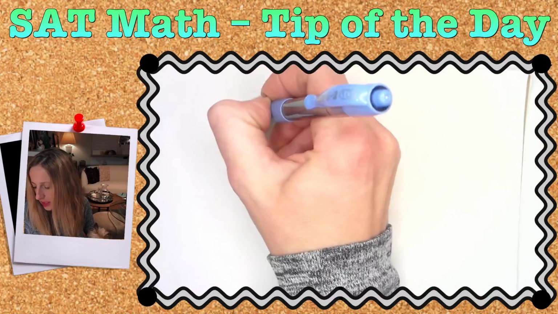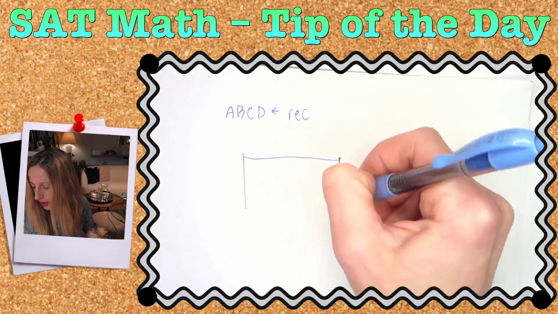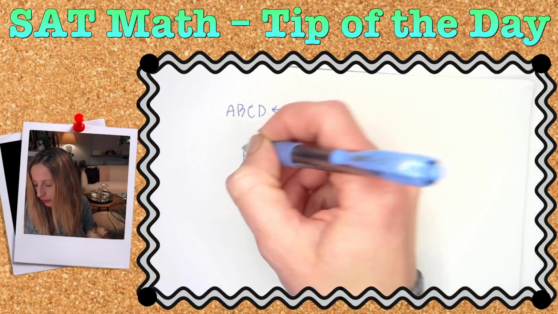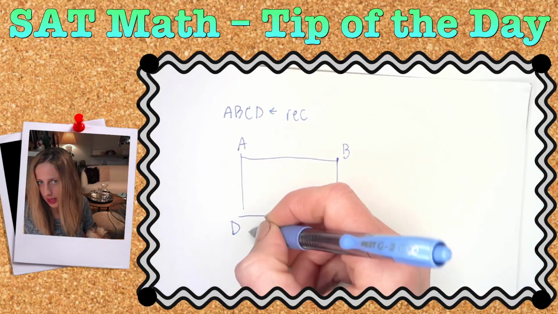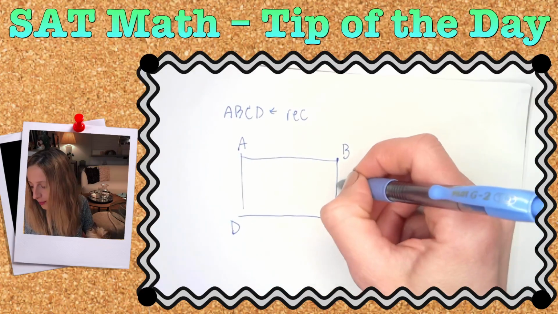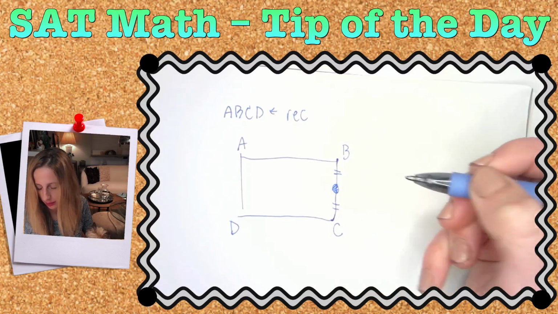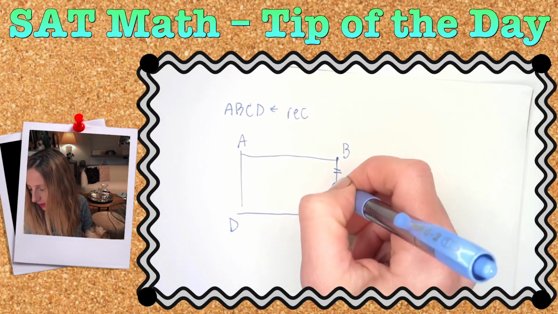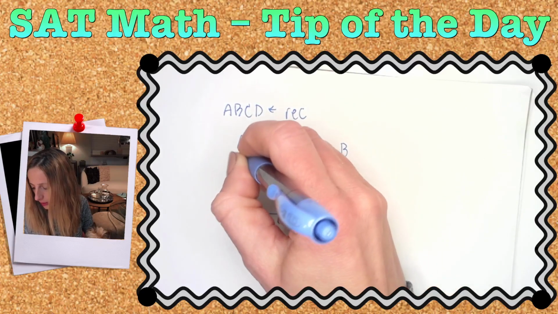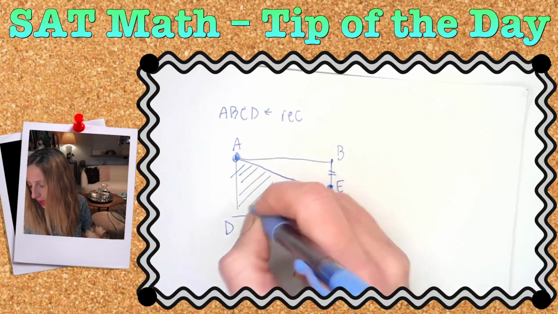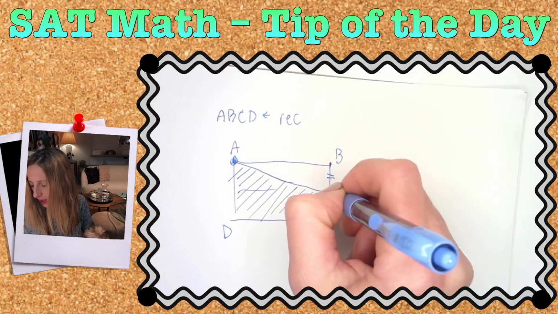A, B, C, D, if that is a rectangle, you have to connect A to B to C to D, and then the last letter connects back to the first. The midpoint of BC, so that means that piece and that piece are the same. Name it point E, connects back up to A right over here. And then they might ask you about the area of AECD, which is right over there.